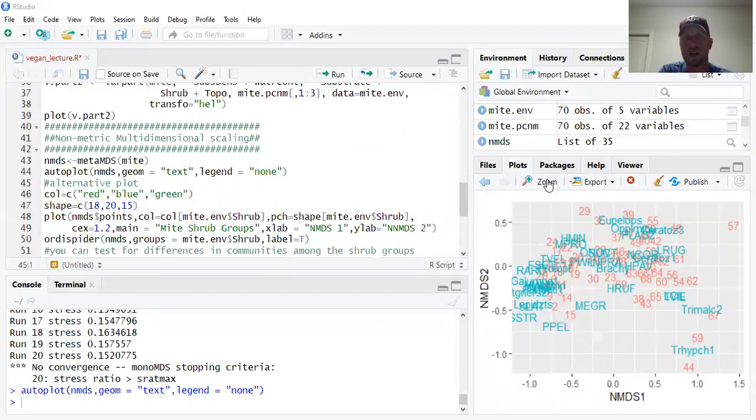And so now what we can think about is gradients in community composition. So along NMDS1, if the community is positive, so for example, if it came from site 57, 62, 67, 59, 44, 54, anything positive along this, those communities would tend to have higher abundances of these taxa that are positive along NMDS1.